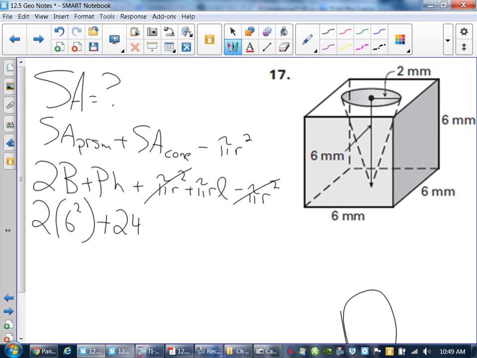How far apart are they according to the diagram? 6. We have our radius here is 2 pi, but what do I have to use to find the slant height? Pythagorean theorem. Because according to my diagram, I know that the vertical height of that cone was 6, and I know the radius was 2.